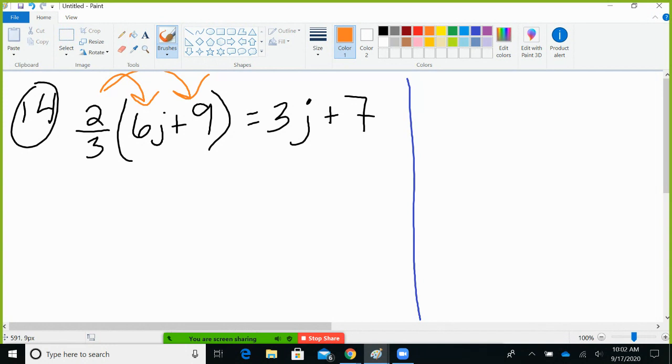So I'm going to do those over here. 2/3 times 6j equals 12j over 3. What's 12 divided by 3? So this equals 4j.